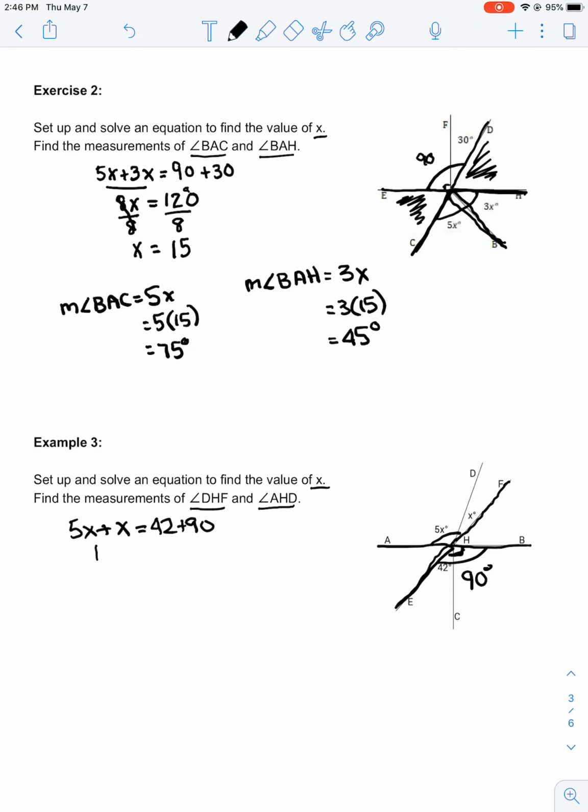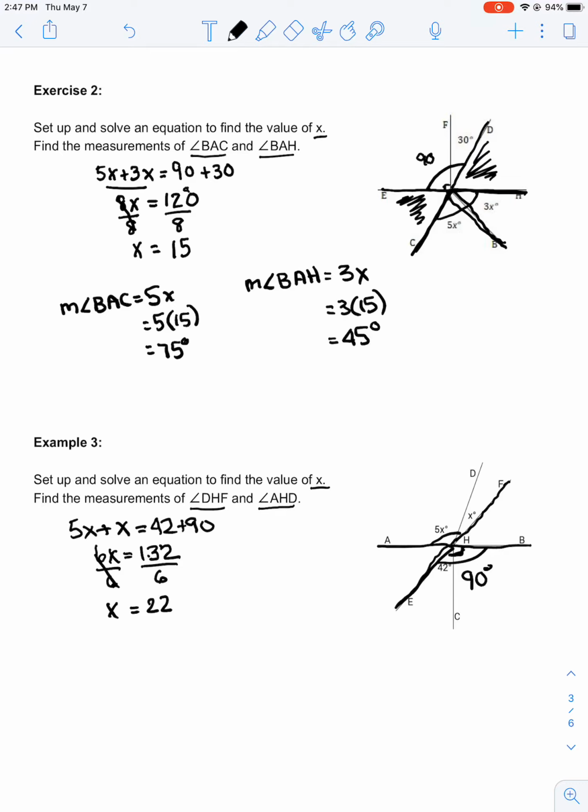So here I have 6x equals 132 degrees. So if we divide both sides by 6, our x is going to equal 22 degrees. 6 goes into 13 twice with 1 left over, and then 6 goes into 12 2 times.